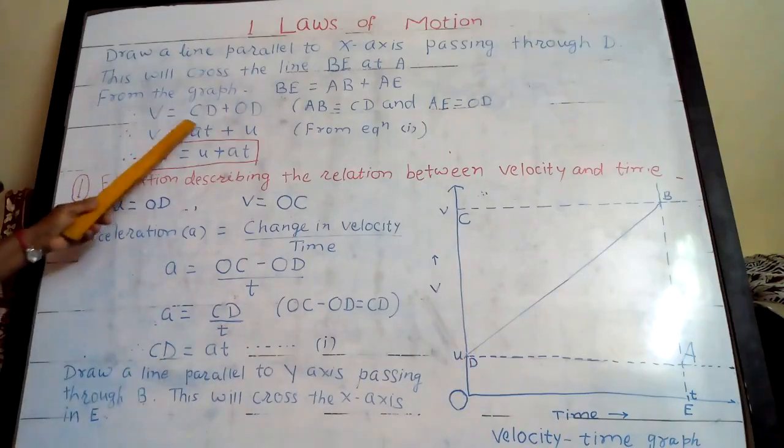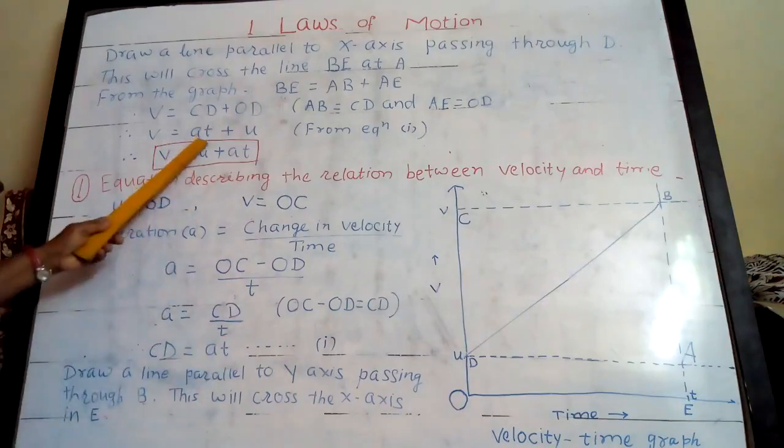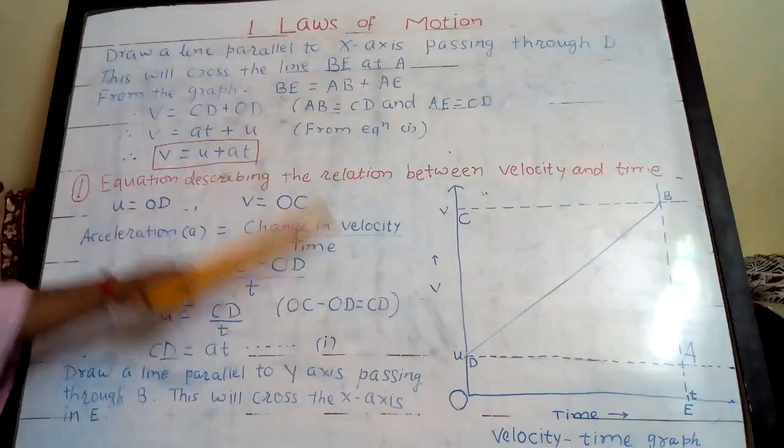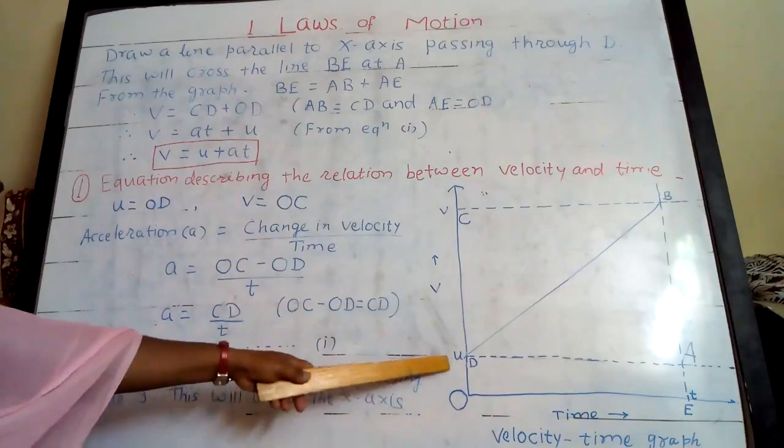From equation 1 we have CD is equal to at, and OD is the initial velocity, OD is equal to u.